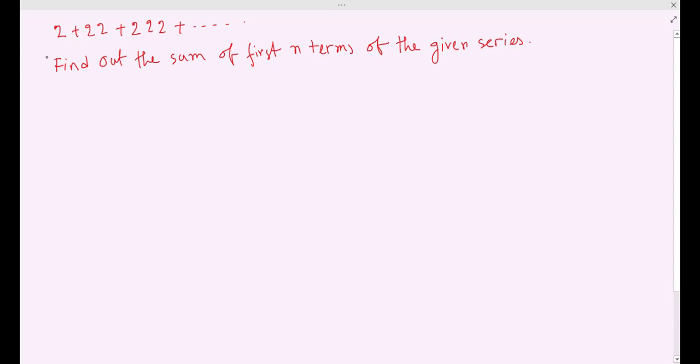Now you are told to find out the sum of first n terms of the given series, or you might be told like this: instead of first n terms, partial sum of the series.